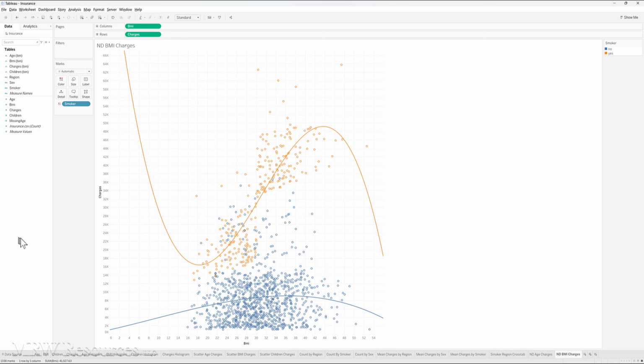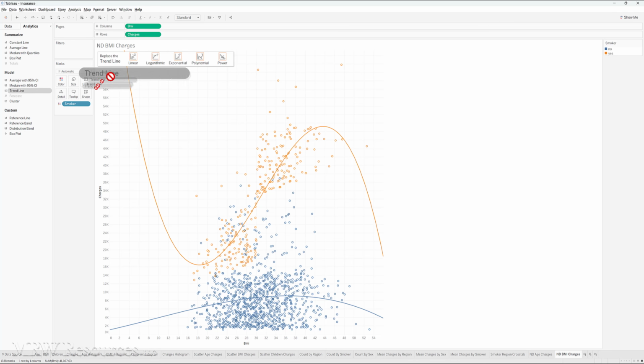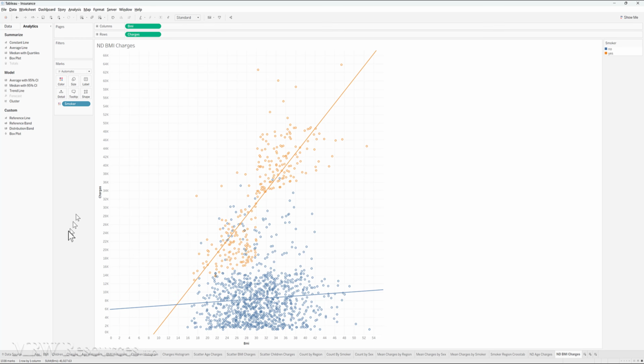So let's try that. Yeah, and sure enough, we can see that there's a distinct pattern and really almost a line there. Let's go ahead and change those trend lines to linear. Yeah, so even though the fit's a little bit worse with the linear, this really illustrates a dramatic difference between the two.